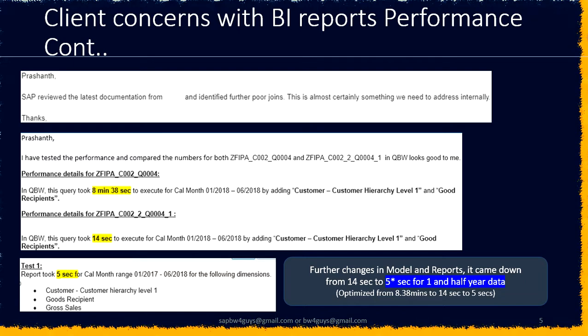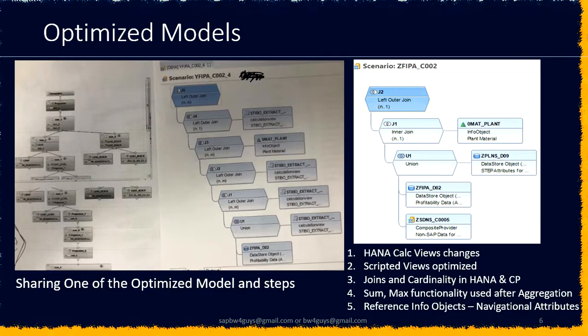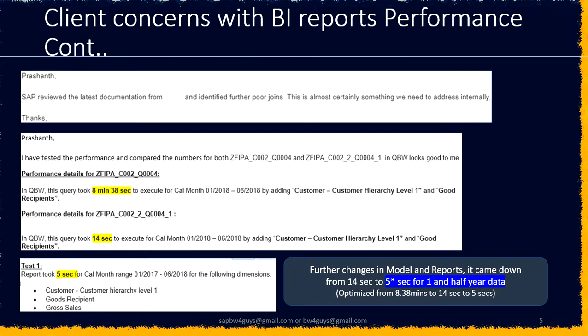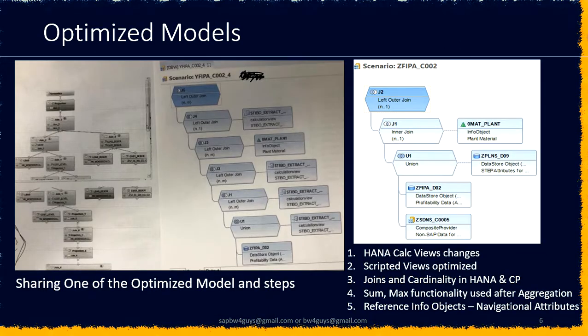After I looked into the report, which used to run for 8 minutes, I was able to change the model and it came down to 14 seconds. From 14 seconds I re-optimized the model again, and it came down to 5 seconds for running the report for 1.5 years of data. In the optimized model, on the left side we can see the calculation view, in the middle is the composite provider, and on the right side is the optimized model.